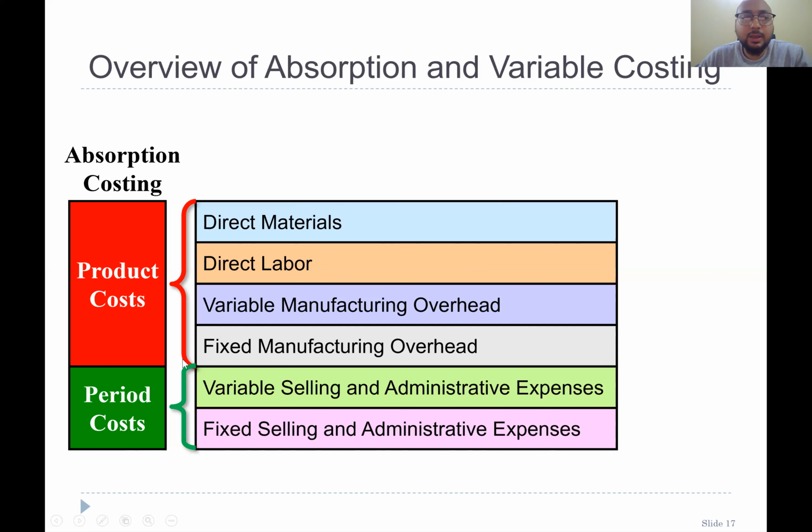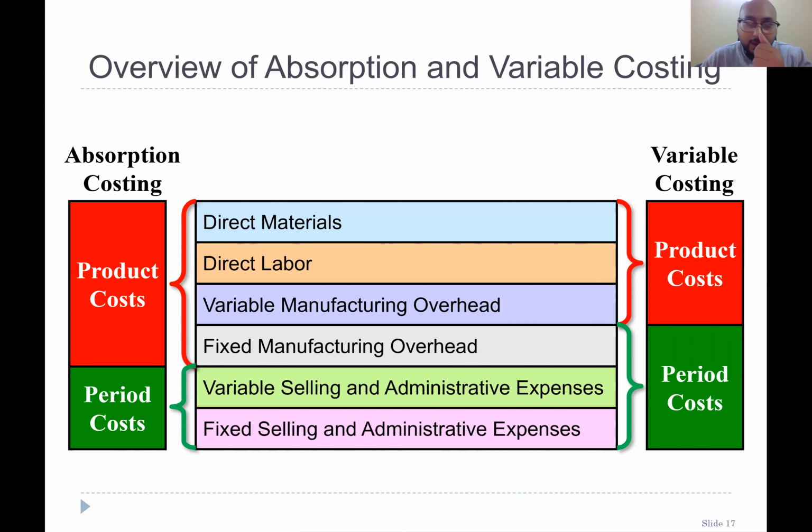So it's a recap. According to absorption costing, product costs include direct material, direct labor, and both variable and fixed manufacturing overhead. Period cost is both variable and fixed selling and admin expenses. But variable costing only considers variable cost as a product cost.